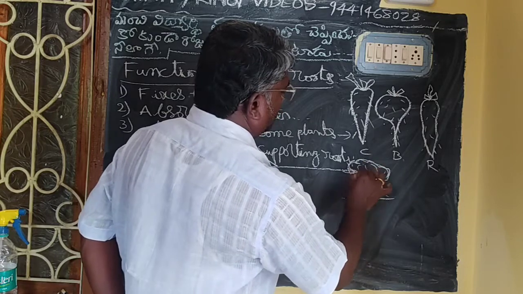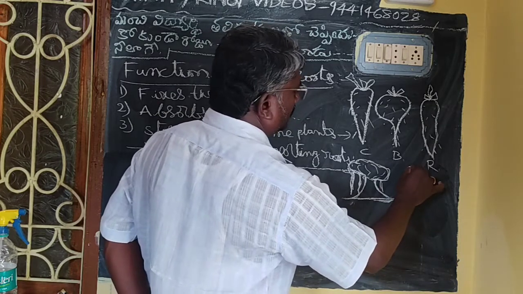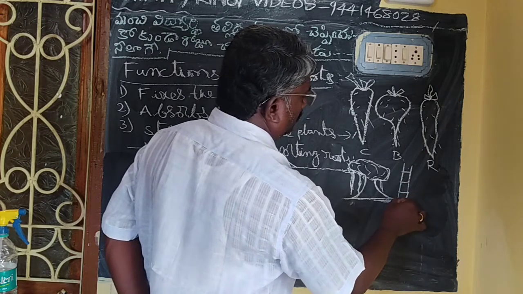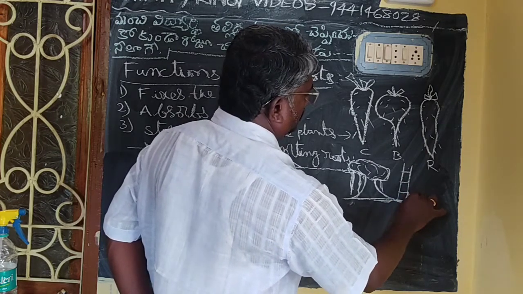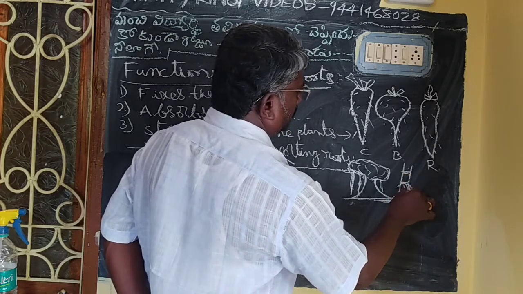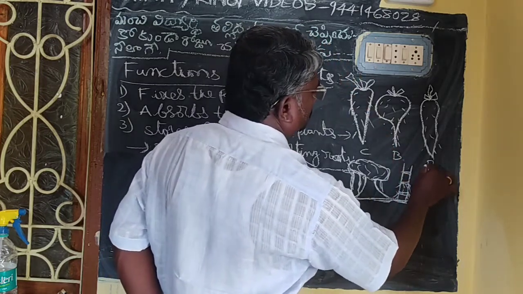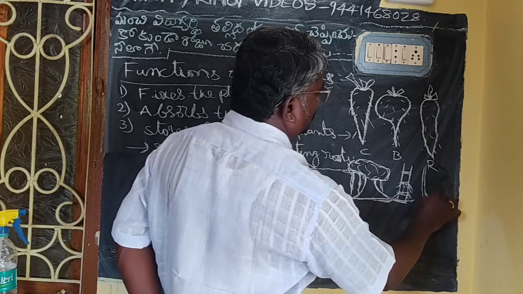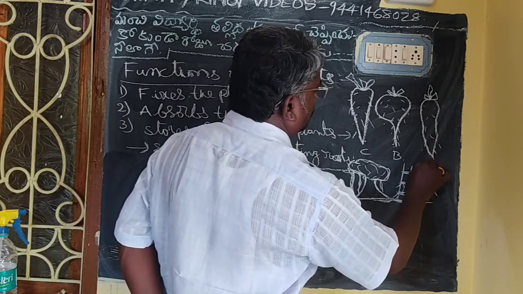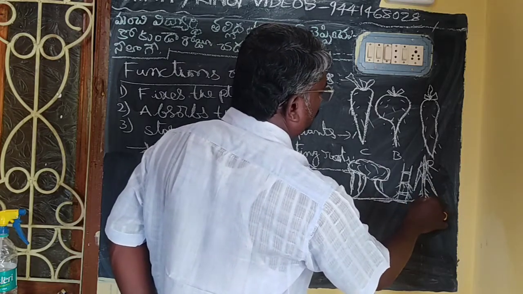Banyan tree, and we can see in the sugarcane nodes, and maize, these are all supporting roots.